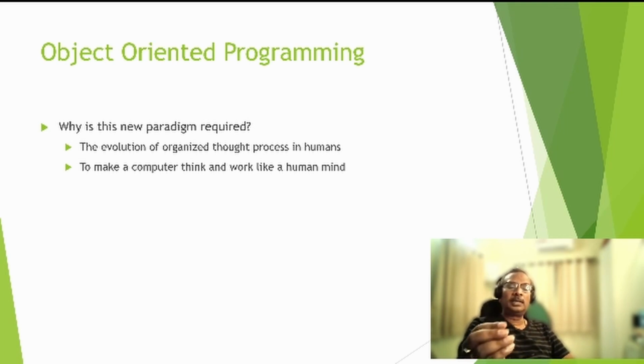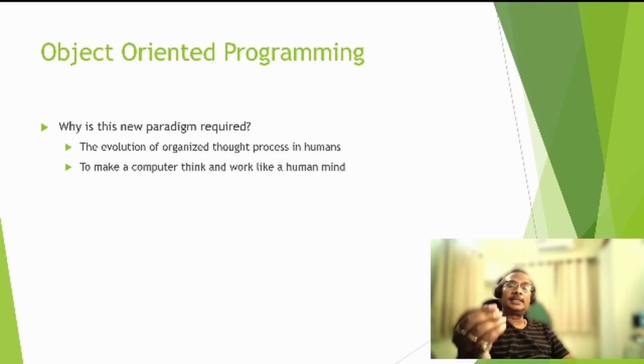We saw about this in a chapter called evolution, how the evolution happened, how the human thought process organized everything as objects and all that information. So this is basically a continuation of that.